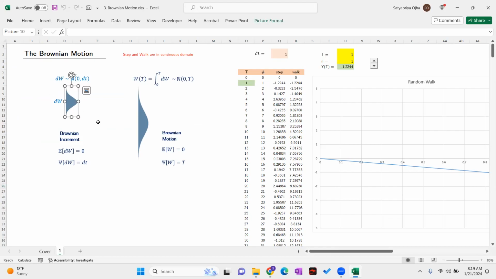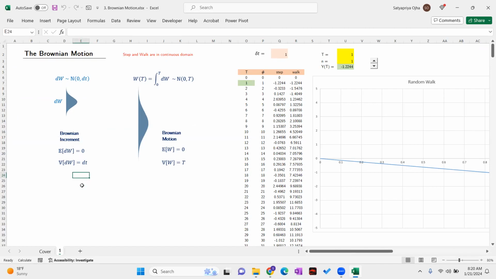Our step now looks like this. It can take any value. It is a normal distribution. I'm denoting my step as dW. This is called the Brownian increment. Increment means step only: how much it changed over a small time interval.